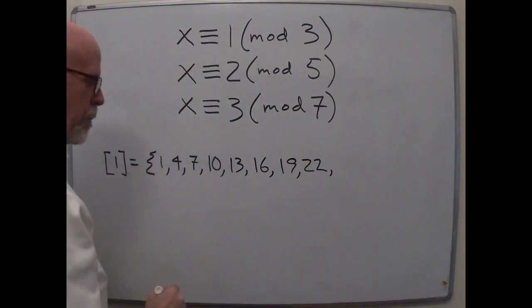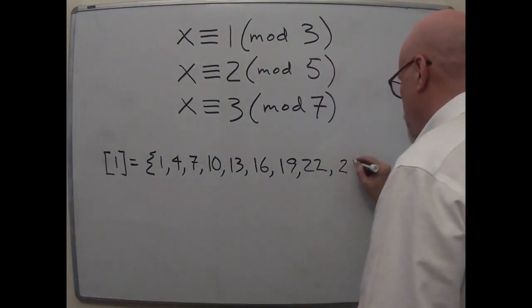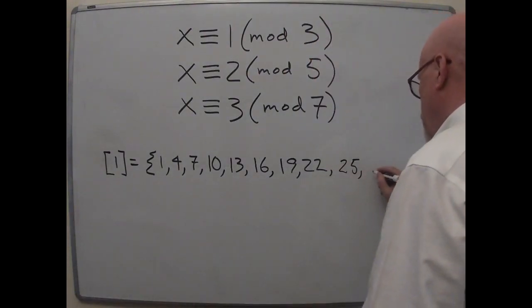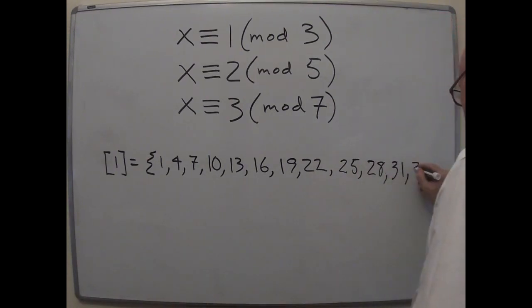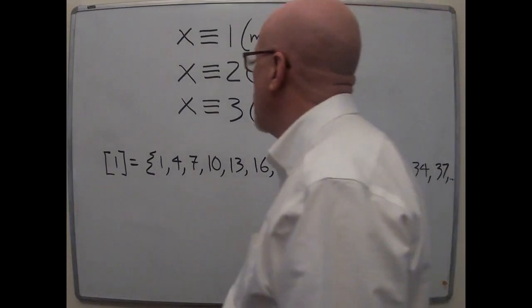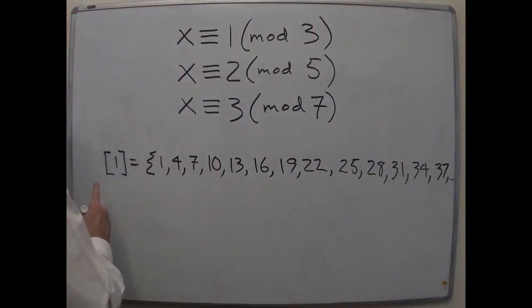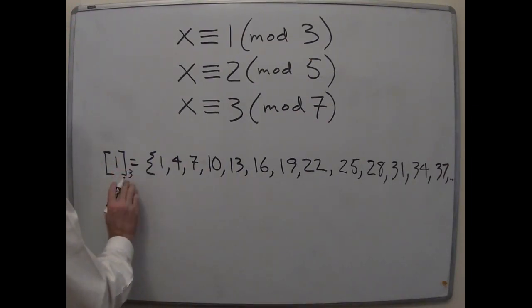I guess I'm probably getting tired. I'm going to go to the end of the board and then we'll give that a rest. 25, 28, 31, 34, 37. It keeps rolling, but I only have to go up to 105 with that list. This is the congruence class that is 1 mod 3, so we'll put a little 3 subscript on this guy to let us know we're talking about that one.